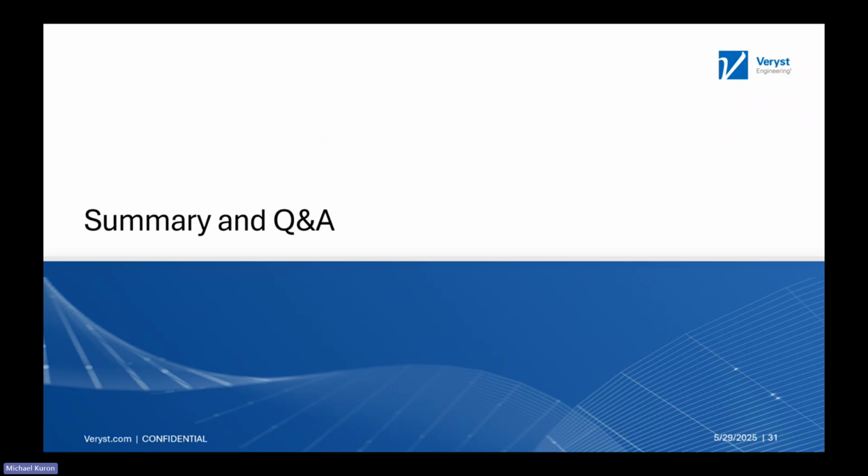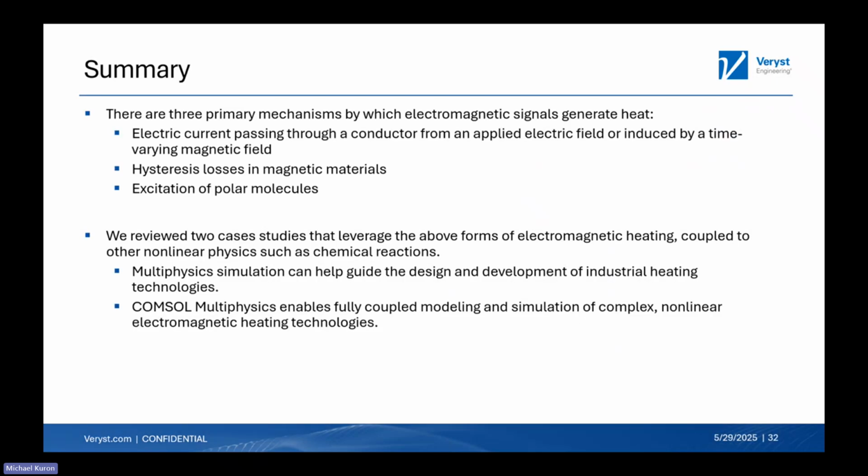Okay, so just to wrap up and leave a little bit of time for questions, we talked today about the fundamentals or the basic principles of electromagnetic heating, and the primary mechanisms by which heat is generated, which include electric current passing through a non-ideal conductor, hysteresis losses in magnetic materials, and excitation of polar molecules through RF or microwaves.